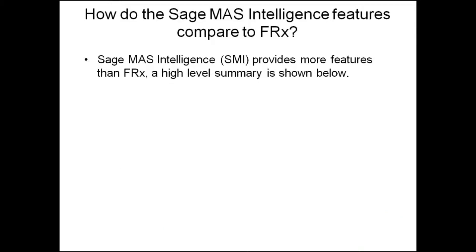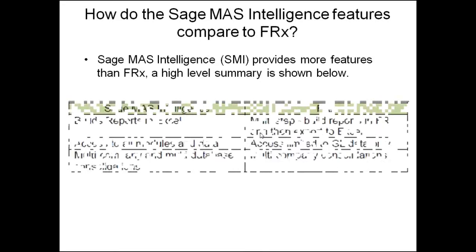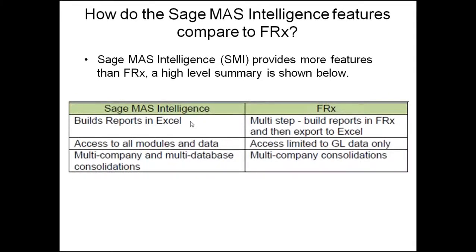So, how do the Mass Intelligence features compare to FRX? And you're going to hear me refer to it as SMI. That's the acronym for it. So throughout the presentation, SMI does have more features than FRX, and I've included just a high-level summary below. SMI builds the reports in Excel. In FRX, it's a multi-step: you build it in FRX, and then you export it out to Excel.